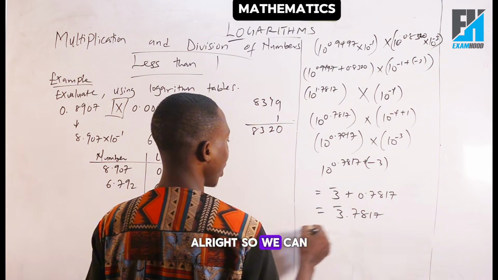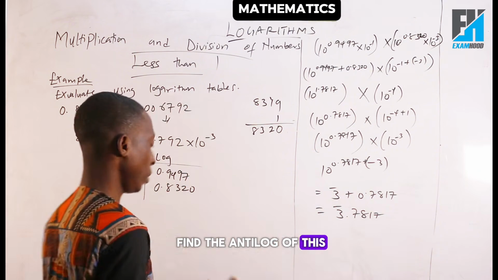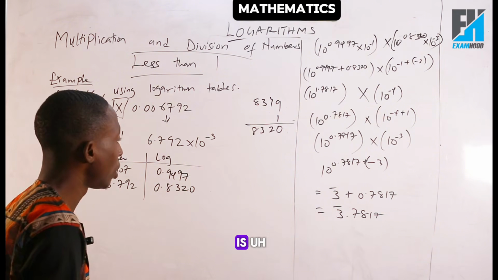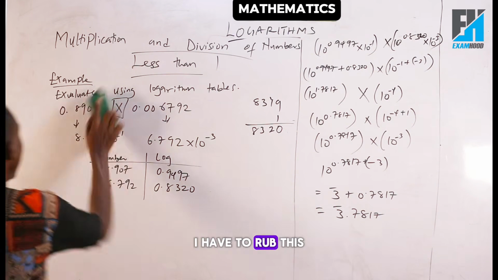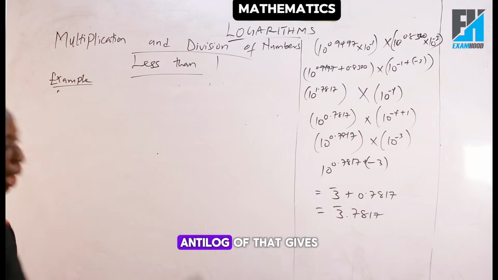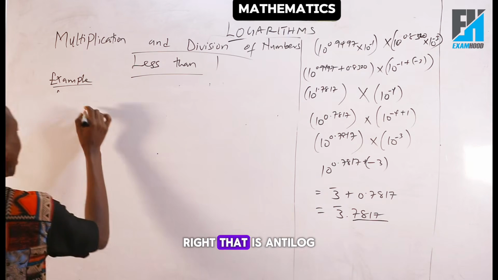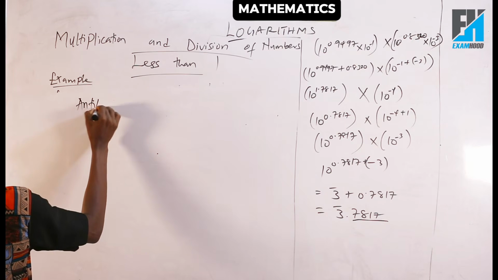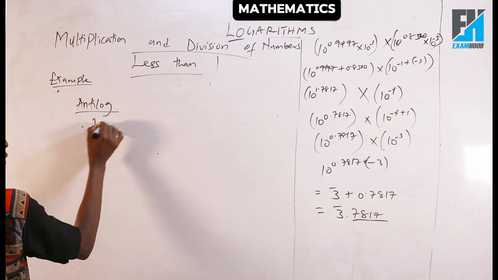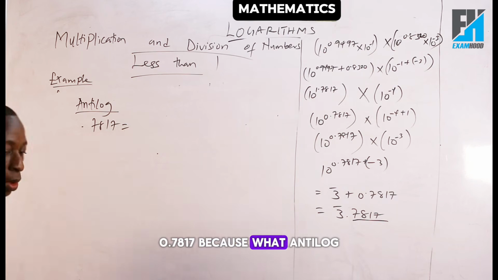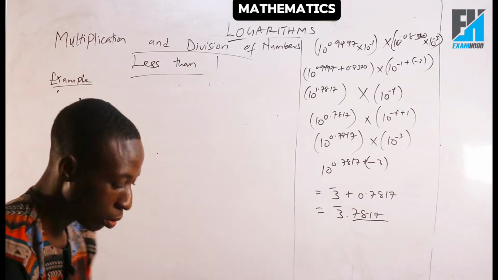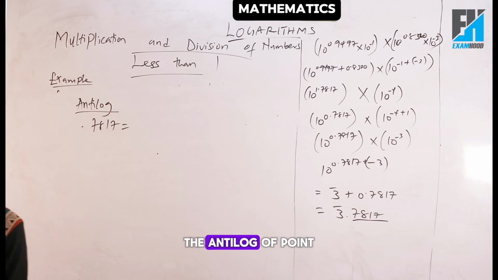Alright. So we can find the antilog of this. Antilog starts with points, right? So antilog of 0.7817 equal to what?